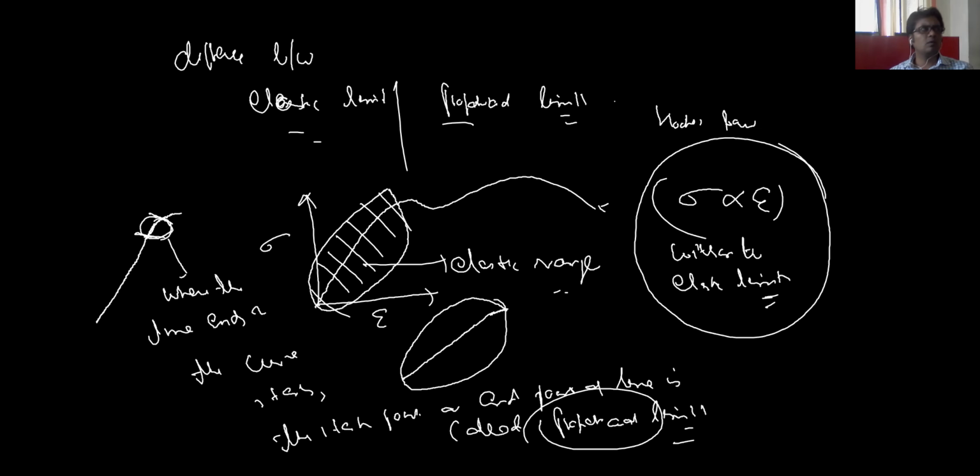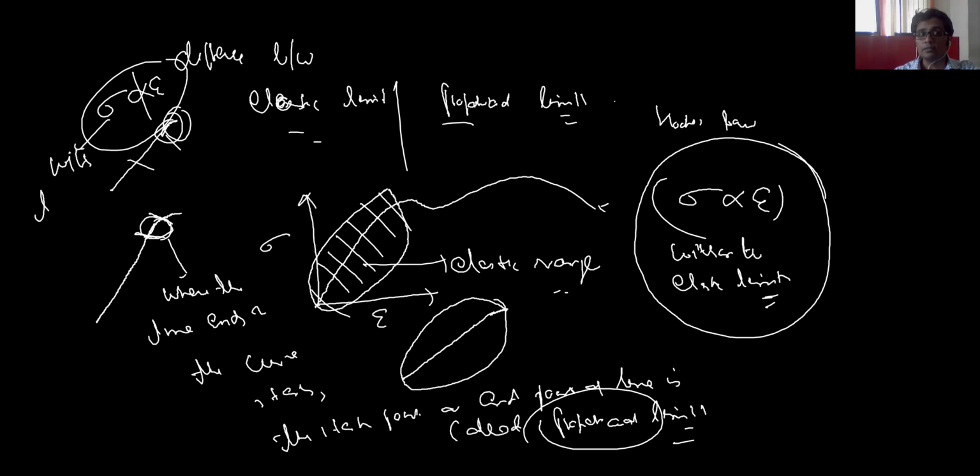Now suppose that after the straight line, if you remove the load in this region, will the body come back to its original dimension? I will say yes. So what is the difference in this? The difference is that in this part the stress will not be directly proportional to the strain, but yes, it is within the elastic limit.